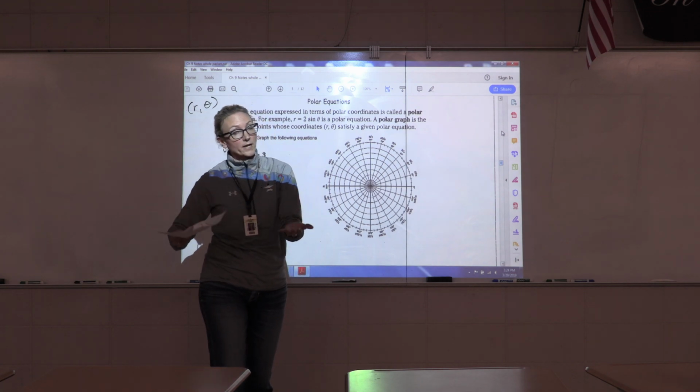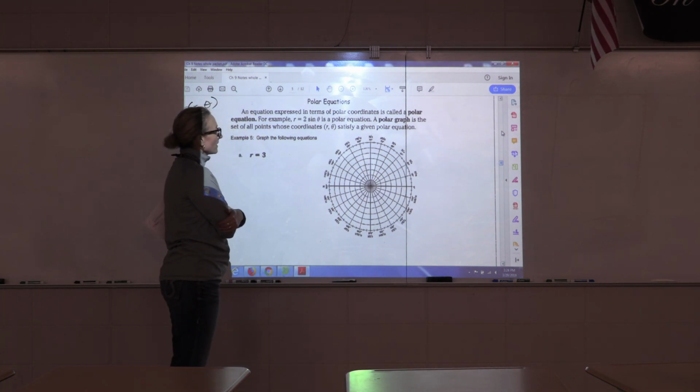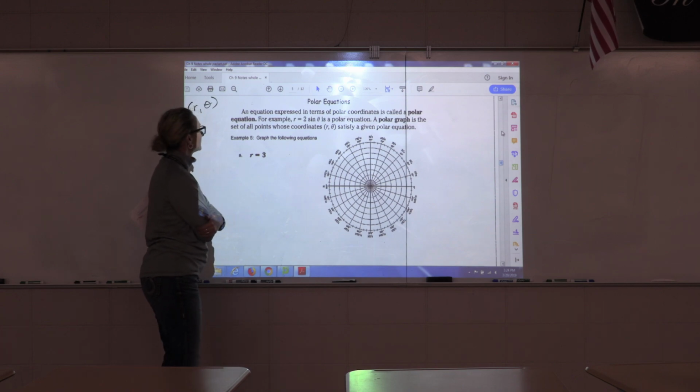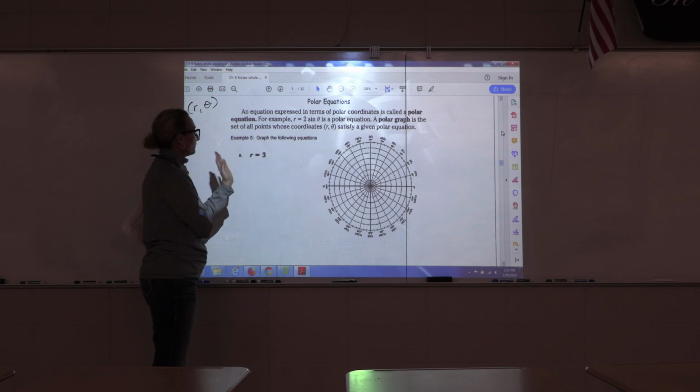It's the rectangular, the Cartesian equation. A polar graph is the set of all points whose coordinates r, theta satisfy a given polar equation. So let's graph the polar equation.